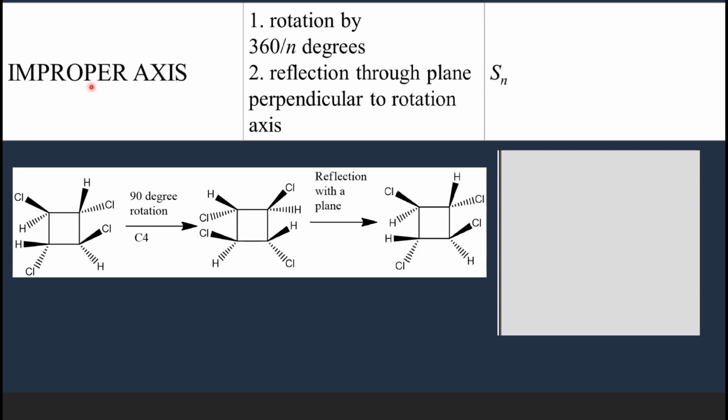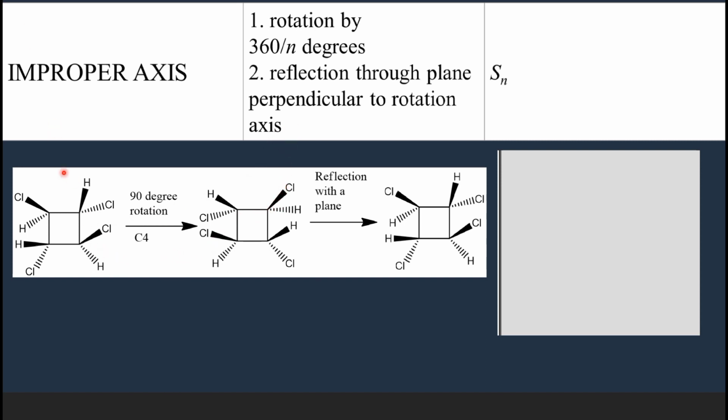In case of improper axis of rotation, we have to perform two operations. One is rotation about an axis which passes through the molecule. Then reflection about a plane which lies perpendicular to that axis. Let me explain that with an example.